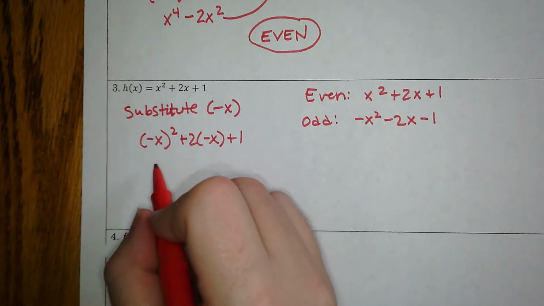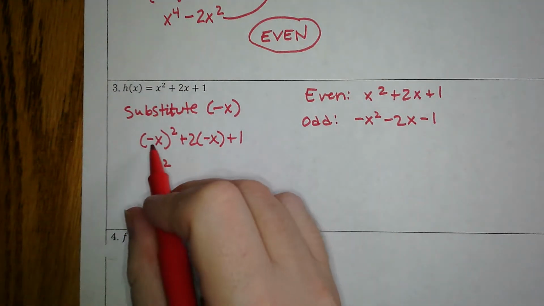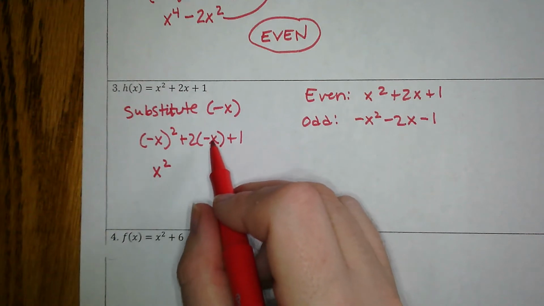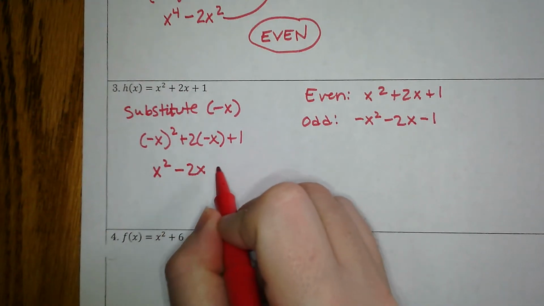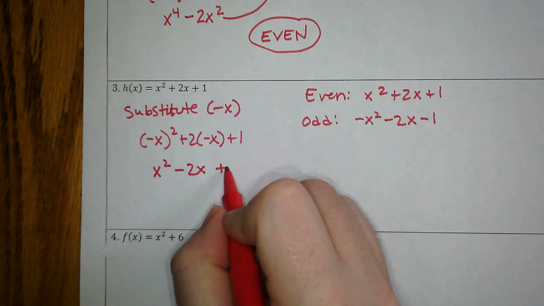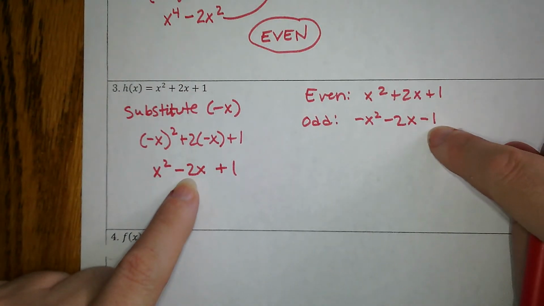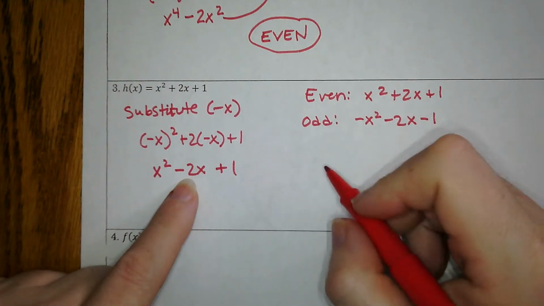Negative x squared is going to give us positive x squared because a negative times a negative is positive. But this is going to give me a negative 2x. Does this match even? No. Does it match odd? No. Then that means it's a neither.